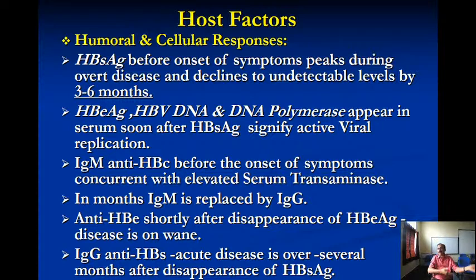Even in our present condition, we are talking about rapid antibody tests in COVID. We do get the IgM response in a few days, and then that's replaced by IgG, and we do not know how long that IgG will last in COVID. The anti-HBe appears shortly after the disappearance of the HBe antigen. Whenever there is a reaction, the antigen, which is the virus, comes in first, and then the body's response, the antibody, comes in.